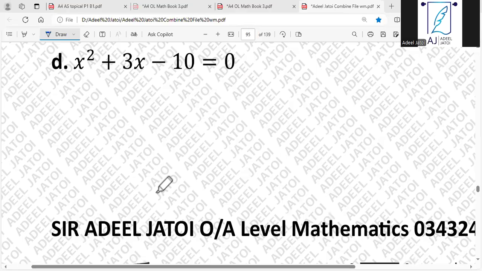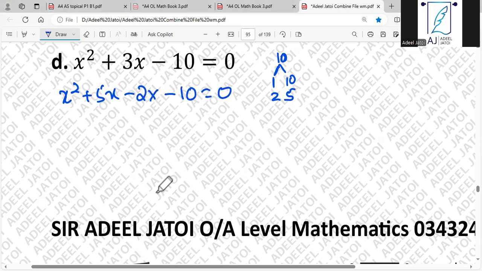So this is 10. Factors of 10 are what? 1 and 10, right? Then we have 2 and 5, right? So can we say x square plus 5x minus 2x minus 10 equal to 0.